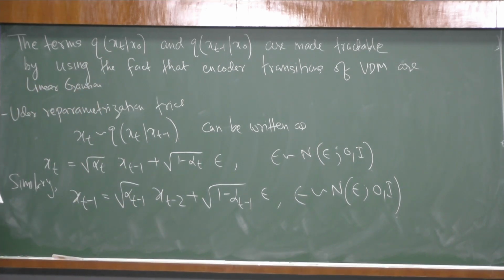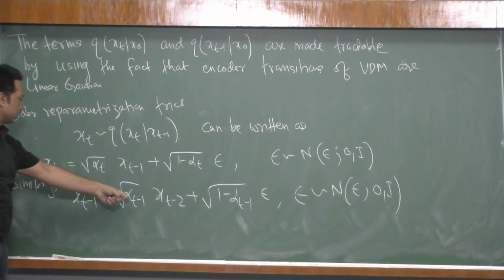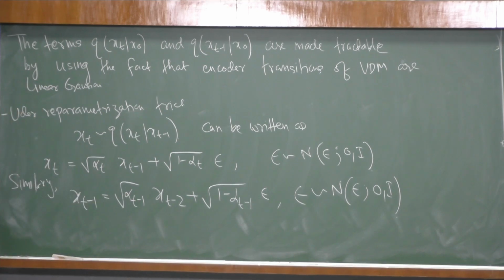It's just that the indexing is now t minus 1, so it's basically the same thing. So this is how we view these xt, relative to the previous xt minus 1.